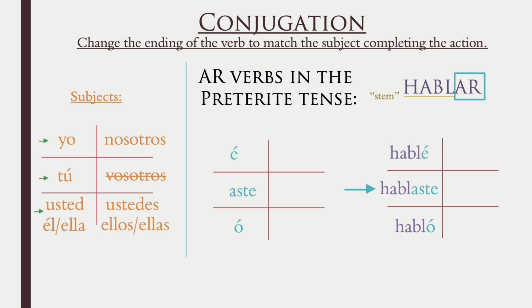An important thing to remember here is the pronunciation, because in Spanish you emphasize a certain part of the word, and sometimes depending on the part you emphasize, it could mean a completely different thing. For example, in the present tense, the ending for I do something is an O. So for the verb hablar, to speak, if I'm conjugating in the present tense and saying I speak, I'd say hablo.